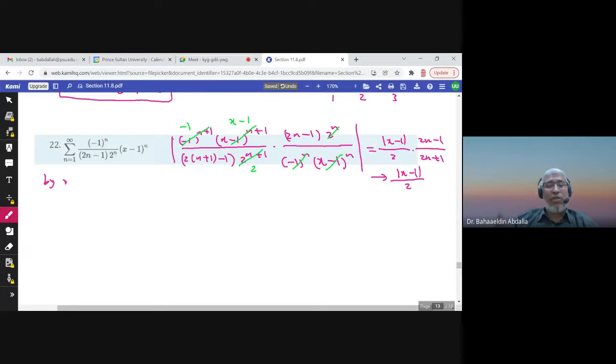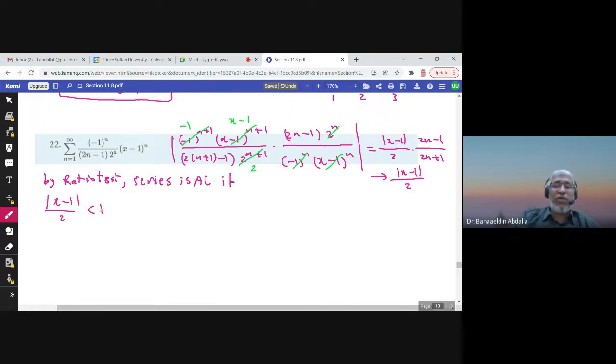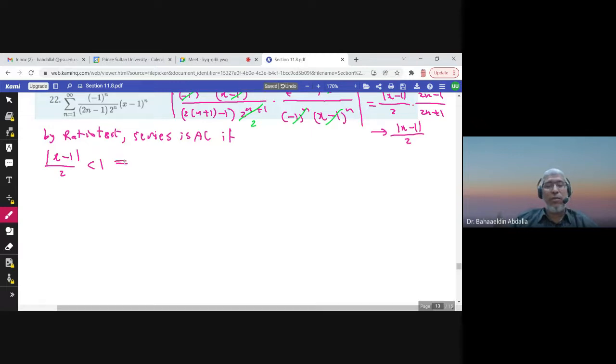By the ratio test, the series is absolutely convergent if absolute value of x minus 1 over 2 is less than 1, or absolute value of x minus 1 is less than 2.